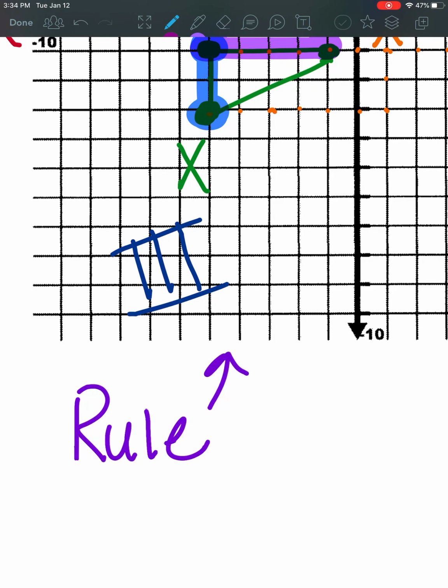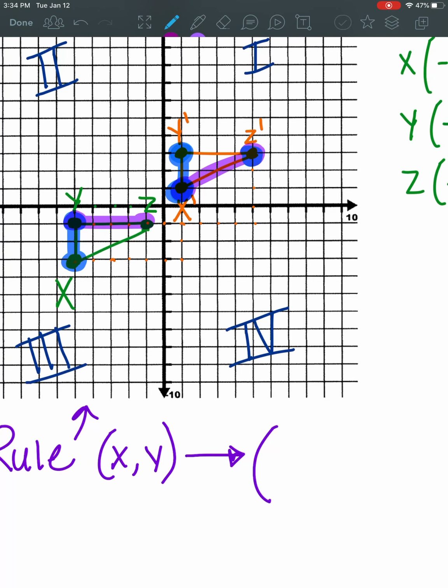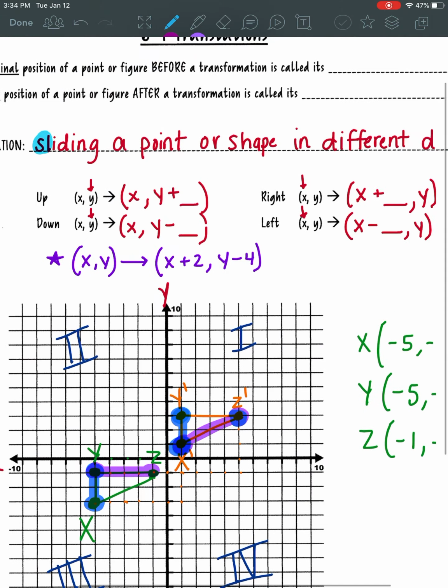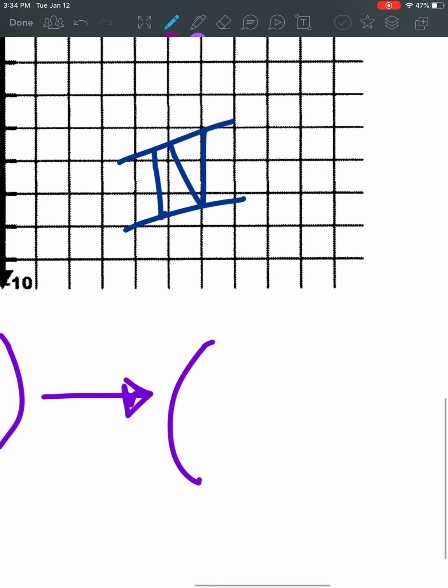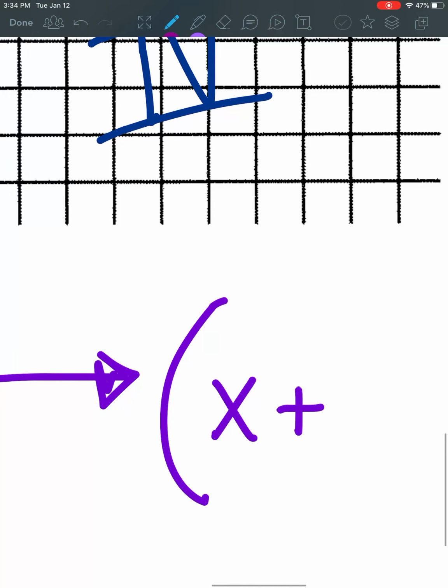And remember, this is how it always looks. Then it has an arrow. Now, we moved right 6. So up here, we have our rules. Moving right means we're going to do something to our X coordinate, and we're going to add. So we're going to say X plus 6, because we went 6 to the right.